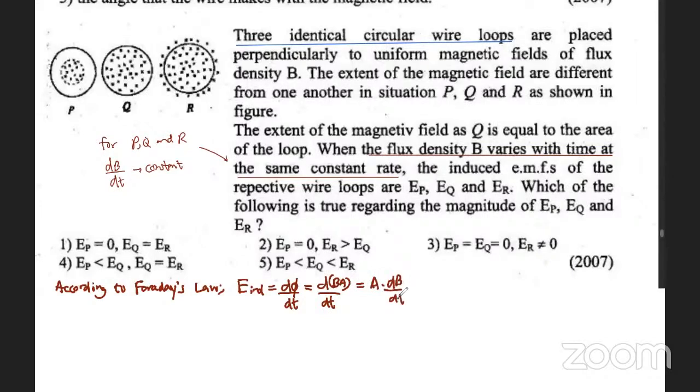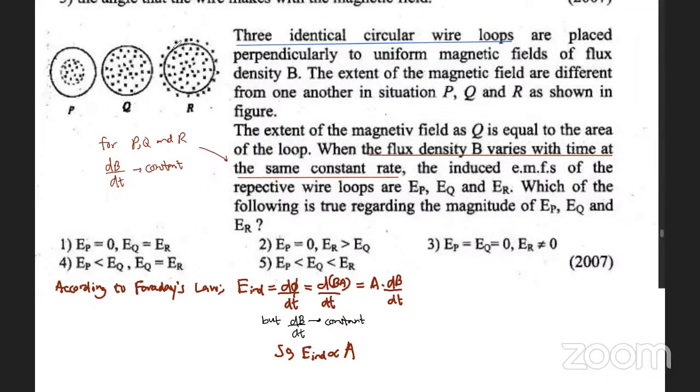We are trying to build a common equation here, right? They have told that dB over dt is constant, so we can say the induced EMF is directly proportional to the area.